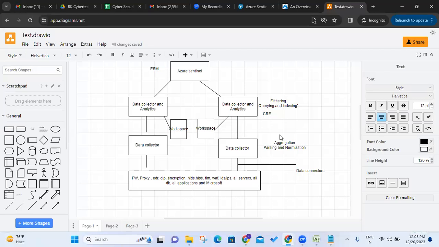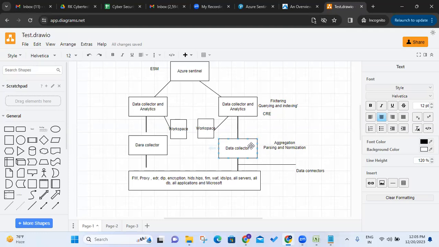Sir, the data connector is used for both collection as well as processing of log sources from third party and also from Microsoft, on-premise, or even applications. Correct. Right? Sir, this is connector and that is collector. No, both are the same only. The data collector has the capability of collection of the logs and the processing of the logs also. They are not separate modules basically.